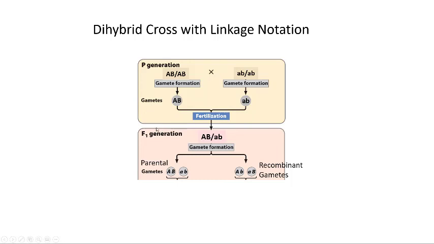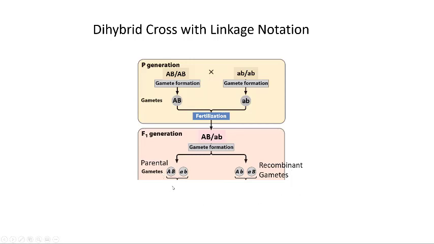When those two gametes come together in fertilization, we form the F1 generation, and these arrangements are going to stay in place. So the big A will stay together on a chromosome with big B, and little a will stay together on a chromosome with little b. Next, we'll move on to looking at the gametes, the progeny from the F1 generation.